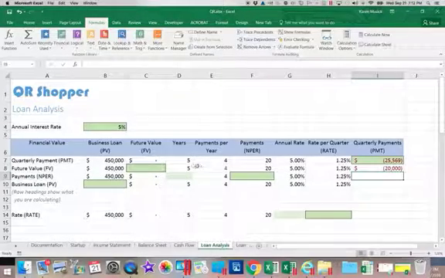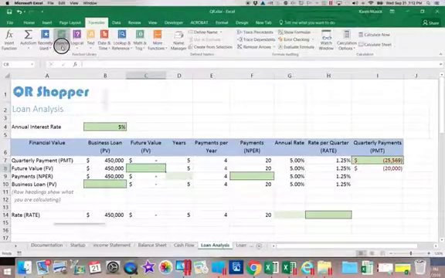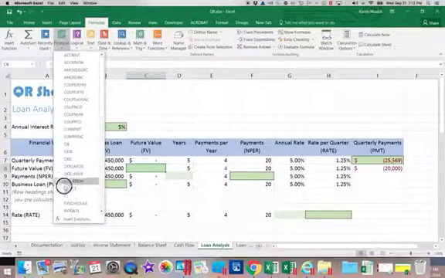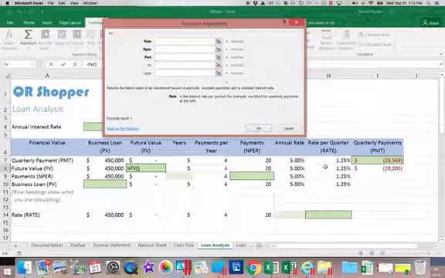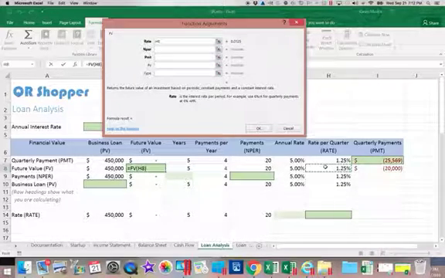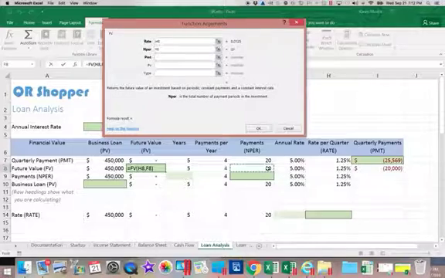We're going to come over to the future value box and we're going to calculate that. So you're going to go to the financial button again, and you're going to choose FV, future value. So now I'm assuming, I'm in row 8, that the rate is there, 1.25%. I am still making 20 payments.